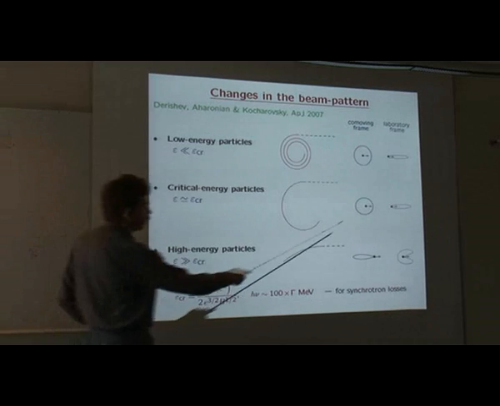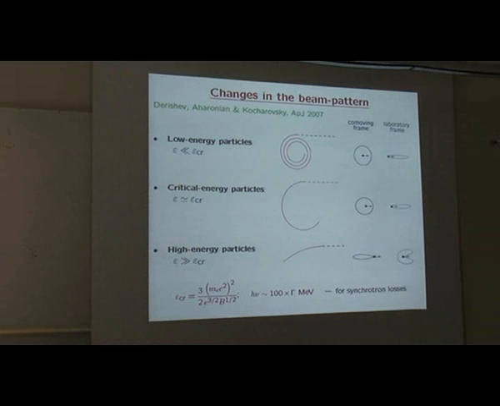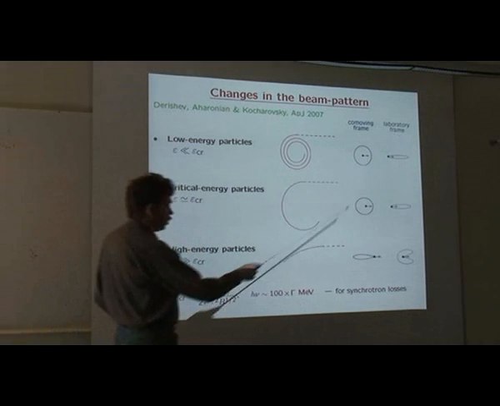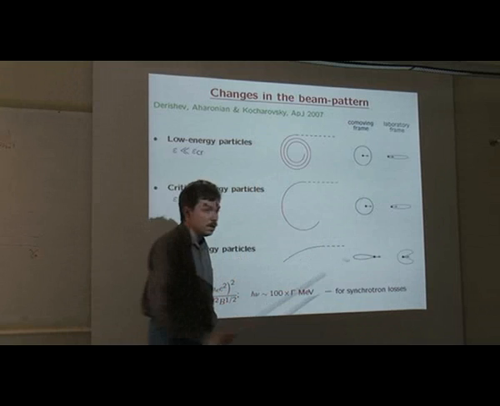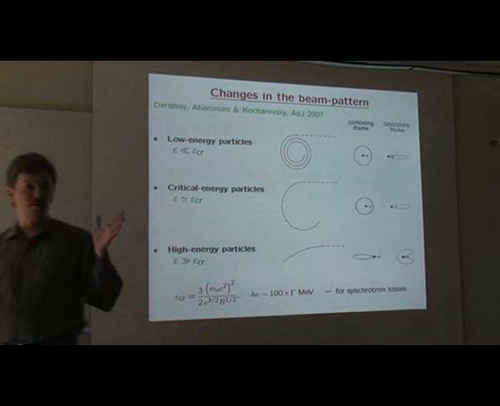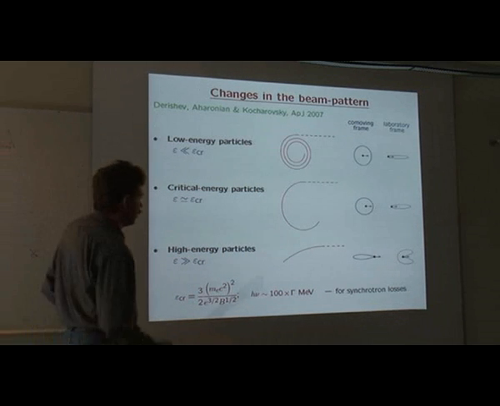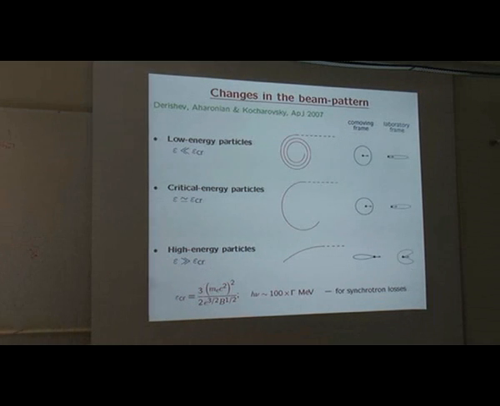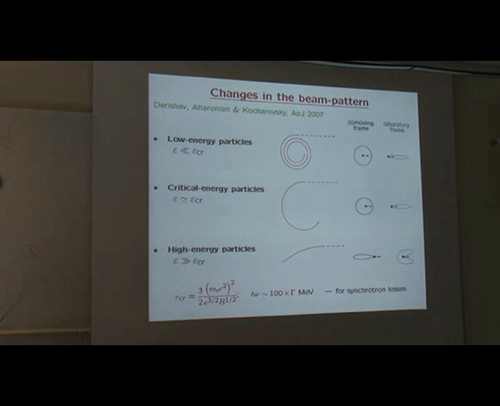It's just a little bit elongated downwards. So in the comoving frame, we have a more or less isotropic, somewhat elongated beam pattern. In the lab frame, we have a 2 over gamma isotropic pattern, more or less. Maybe 1.5 over gamma, something like that. So it doesn't differ much from the isotropic case.